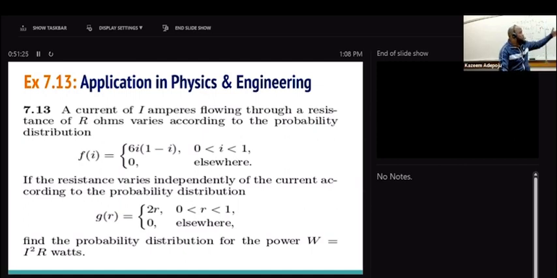Now if you want to approach this question, you're going to multiply f of I by g of R. You get the joint, then you get the inverses of this, then you set up the Jacobian, and the moment you get the joint, you're actually going to have a g of w. Let me give you the answer. If you do it right, I'm going to give you the answer now. You can just try and check that out.